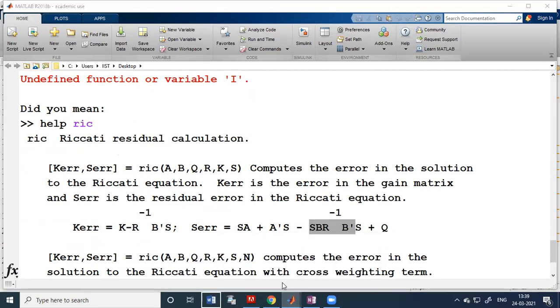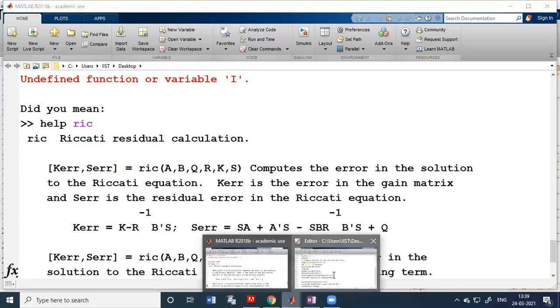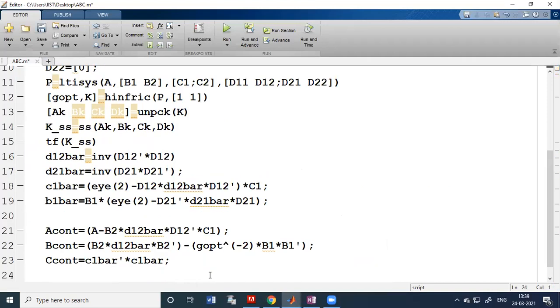No need to bother too much about that. So we just write the solution X Riccati. We have written X infinity. Instead of X infinity, I am writing X Riccati equal to ARE, algebraic Riccati equation, of A controller, B controller, C controller.